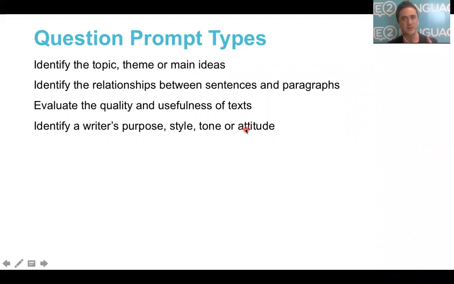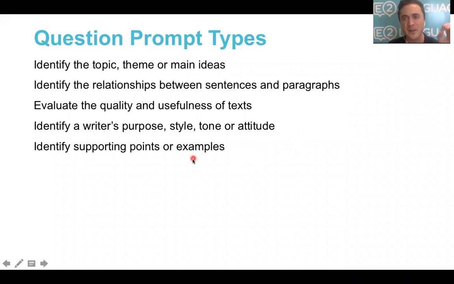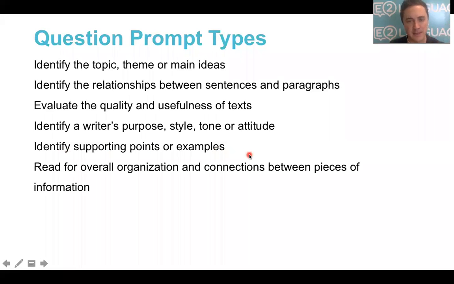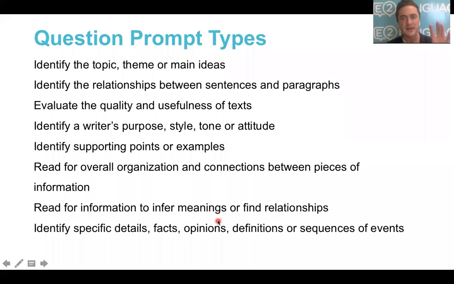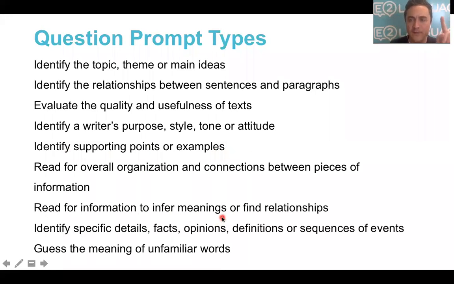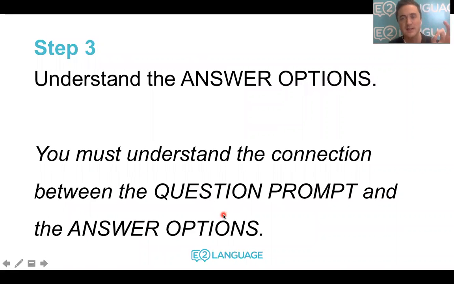This is the one we just looked at, the writer's opinion. The prompt might ask you to identify supporting points or examples, read for overall organization and connections between pieces of information, or read for information to infer meanings. These are the types of prompts that you might see. The one that we saw was asking you to find an opinion.